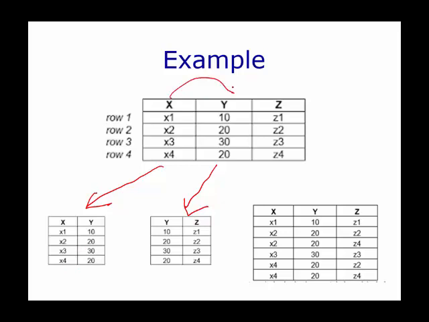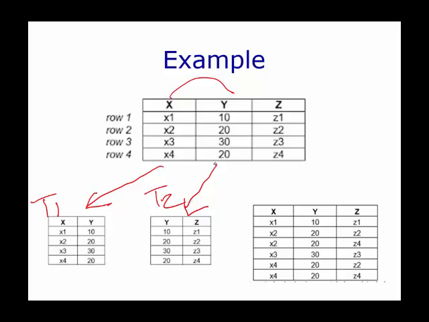And we have two tables. This one is table 1, and the other one is table 2. We divide it into two attributes in each table. Table 1 consists of X and Y attributes, and table 2 consists of Y and Z attributes.